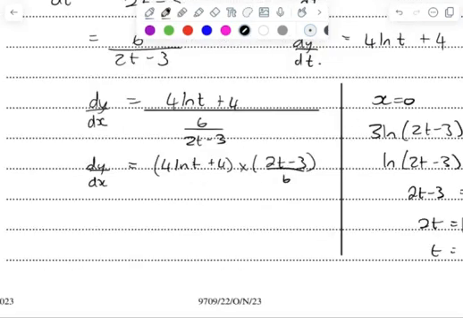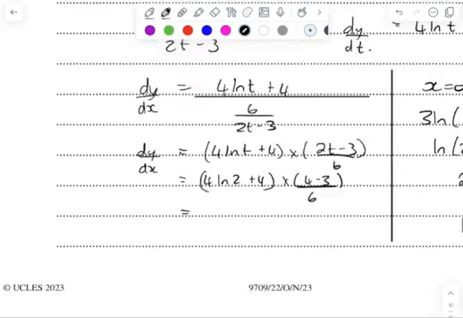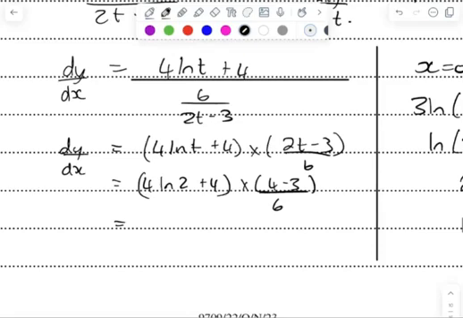Okay, so if I plug in 2, 2 times 2 is 4 minus 1 minus 3. I've already done the maths. My brain is going faster than my hand. Okay, what does this give us? 4 ln 2, and what did their question ask? They want the exact gradient. So I'm not going to plug 4 ln 2 into my calculator.